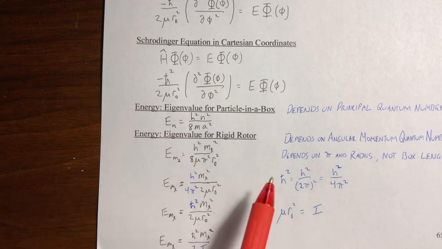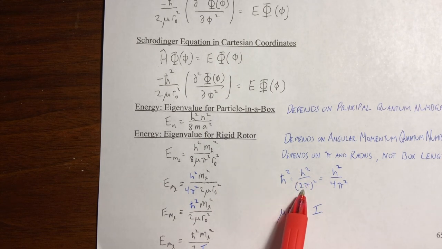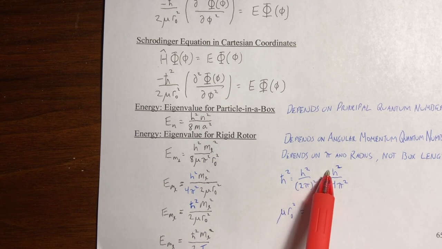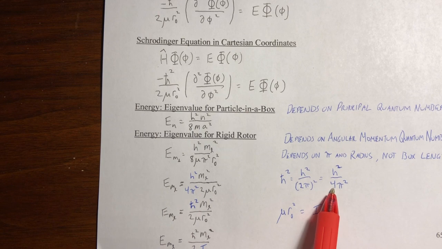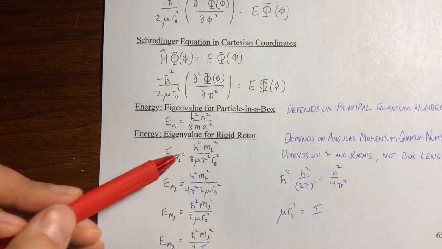Now, we can simplify this a little bit. So h bar squared is going to be equal to h squared over quantity 2 pi squared, which when you square the denominator is equal to h squared over 4 pi squared. And we have h squared over 4 pi squared in our eigenvalue equation if we rearrange it a little bit.